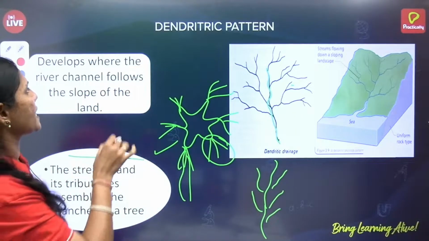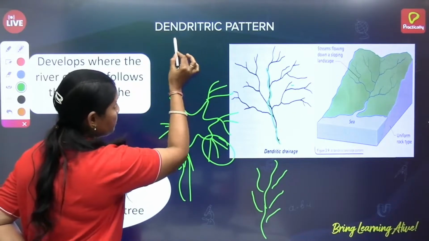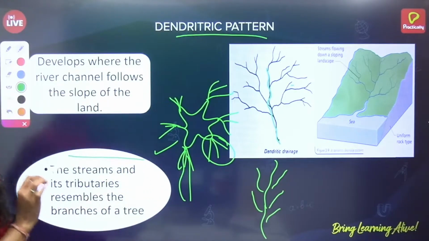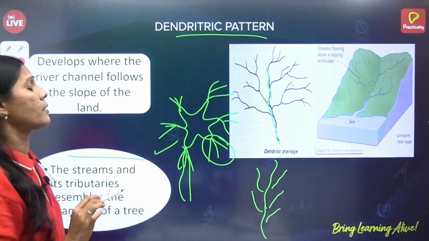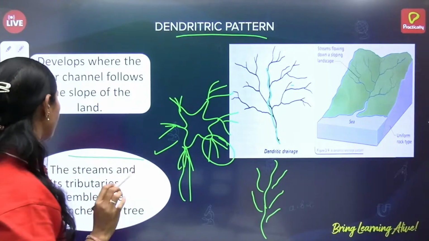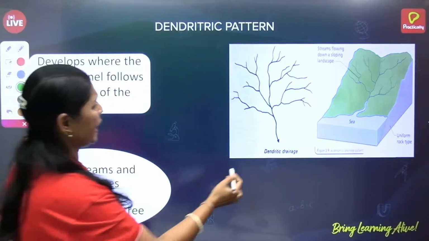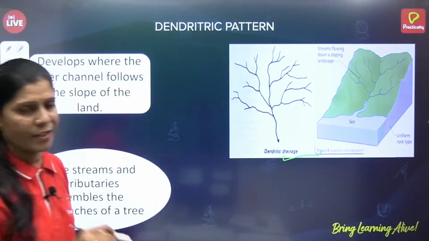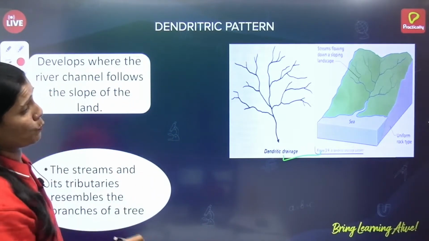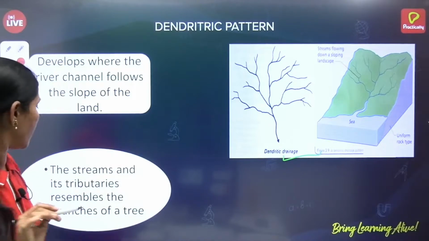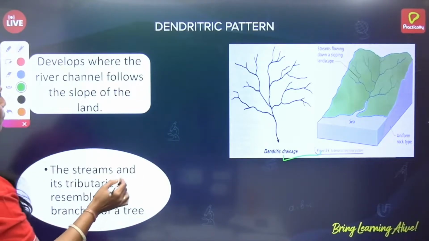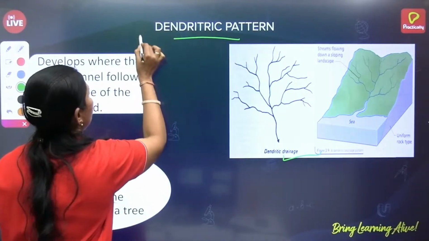So we call it a dendritic structure. A dendritic structure was formed in the Ganga River pattern. This is the first type of pattern.